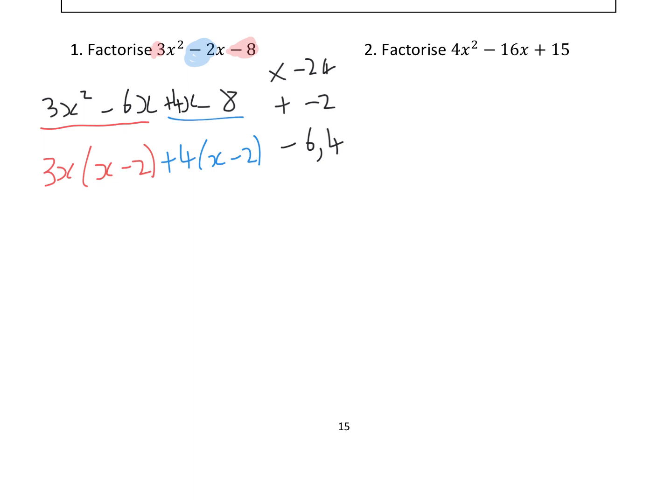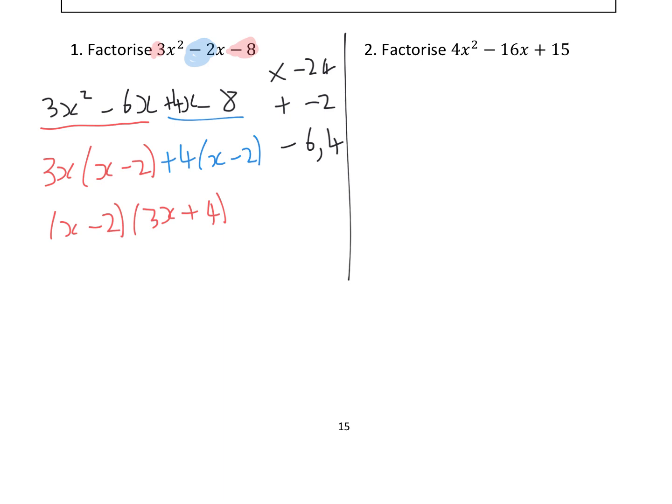Then you can see that x minus 2 is your common factor, so it can come out. And 3x plus 4 is the other bracket. Or 3x plus 4 multiplied by x minus 2 will give you these terms. And that's it.